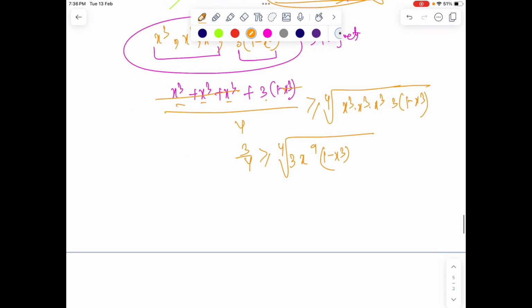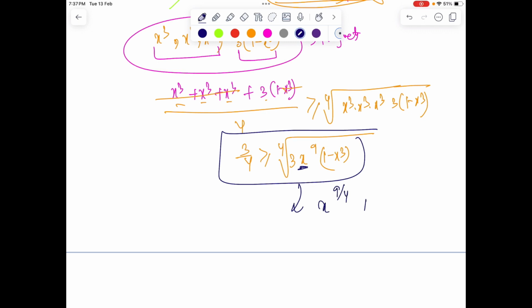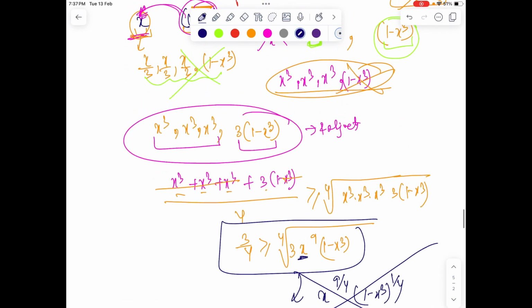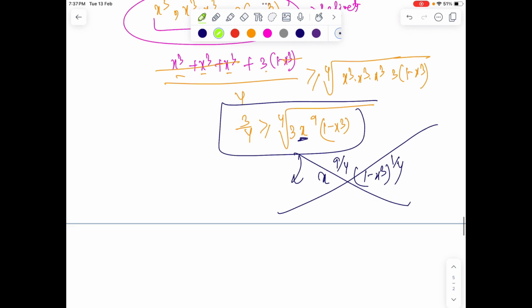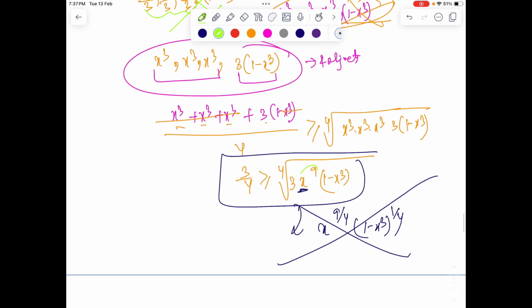And clearly the LHS is 3 over 4, greater than or equal to the 4th root of x to the power 9 into (1 minus x). Now again we can see x to the power 9 cannot give birth to x, right? Because it will be x to the power 9 by 4, (1 minus x) cube to the power 1 by 4. So again we are trapped.